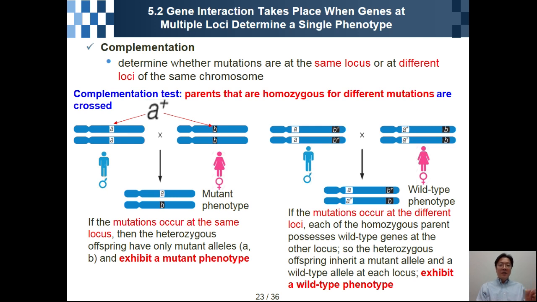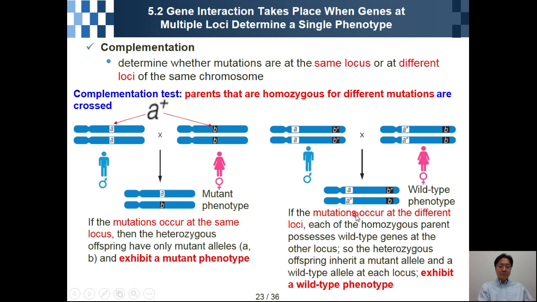The complementation test means that parents that are homozygous for different mutations are crossed. This is the complementation test. Through the complementation test, we will know whether mutations occur at the same locus or at different loci.